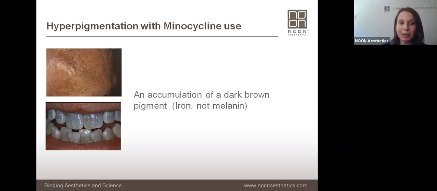And as you can see at the bottom, the teeth also get this pigment. So actually, this is not melanin. This is iron that sinks in the skin and also in the teeth.